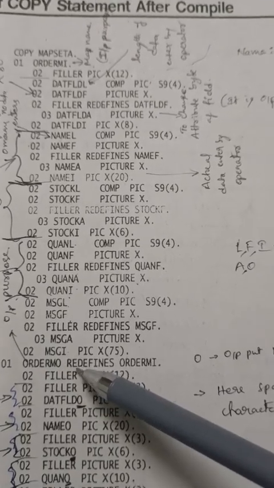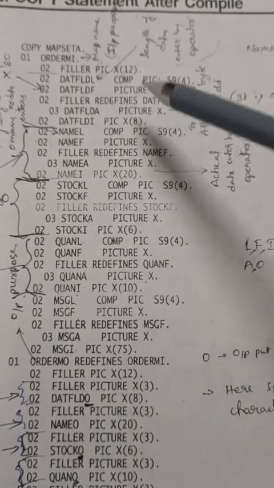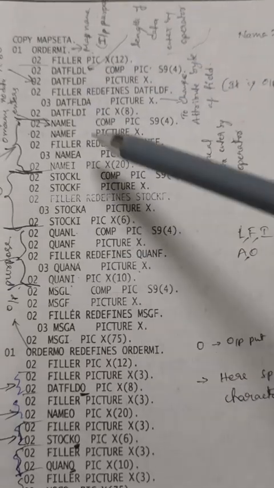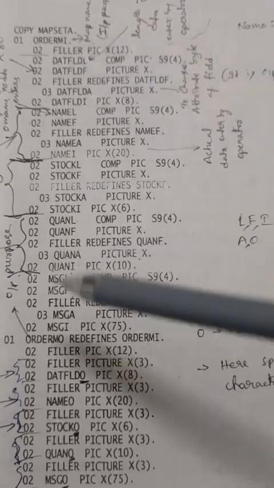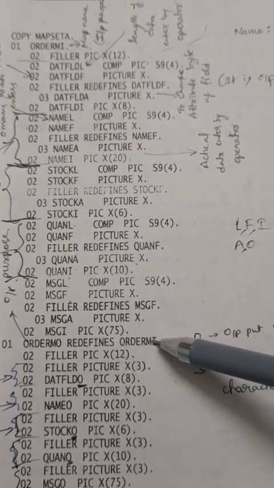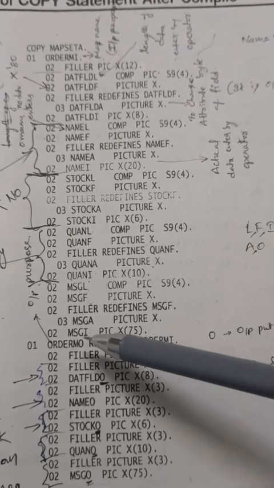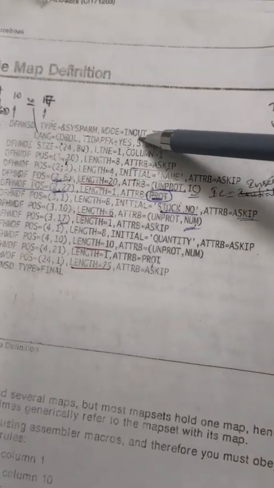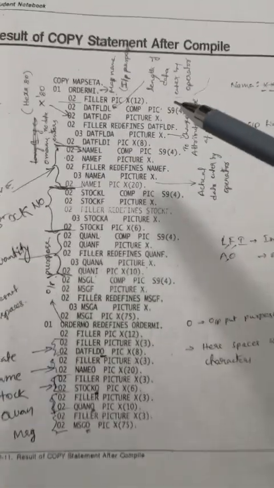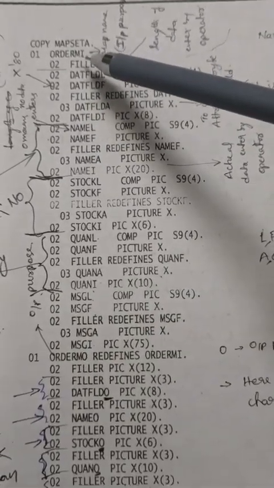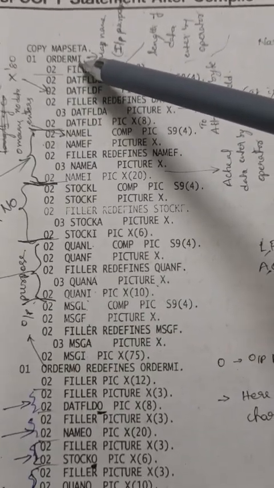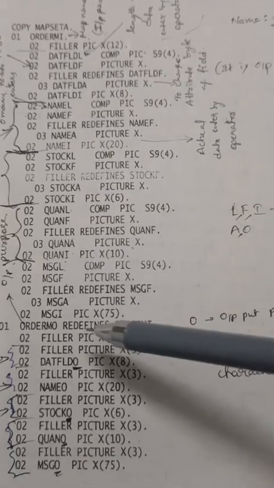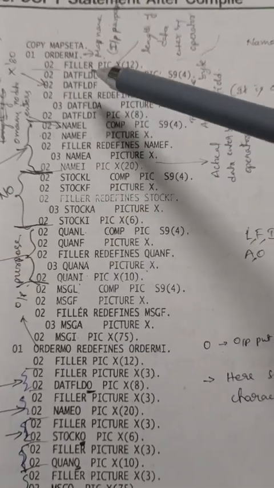We will see why we define the same map set name, why it is generated for input and output, and defined using the same storage area. Yesterday we defined MODE=INOUT. That's why it created the map I field and the O field in the same map set name.